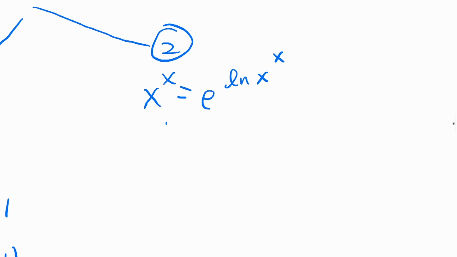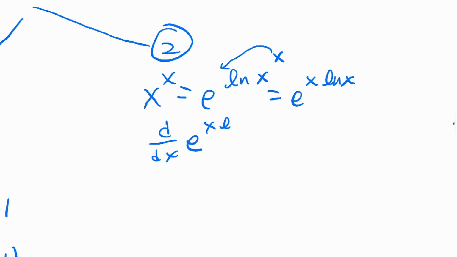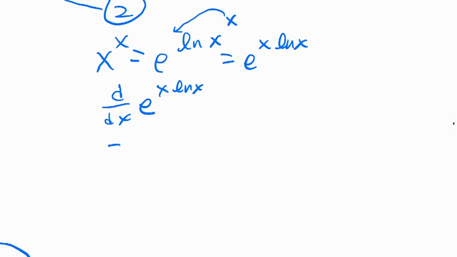Okay, so now we're going to take the derivative of e, and by the way, this is just going to use the properties of exponents, so it'll be e to the x ln of x. Okay. So derivative of e to the x ln of x is now our new problem. And this is very doable because now the derivative of e to anything is just e to that thing.